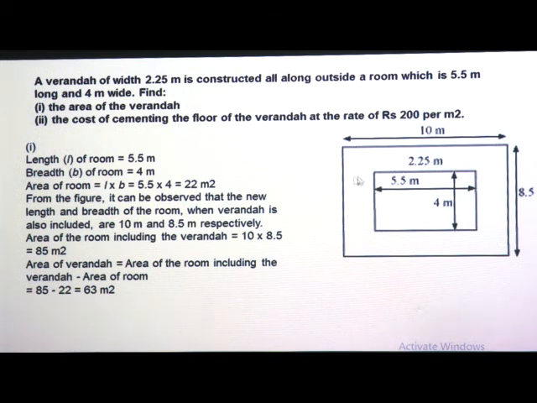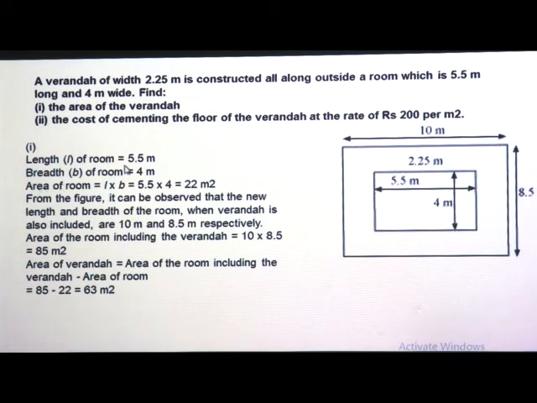Now, first we have to find the area of the veranda. This area we have to find. Then we have to find the cost for cementing that veranda. So, we will write first what is given in the question: the length L of the room is already given as 5.5 meter.